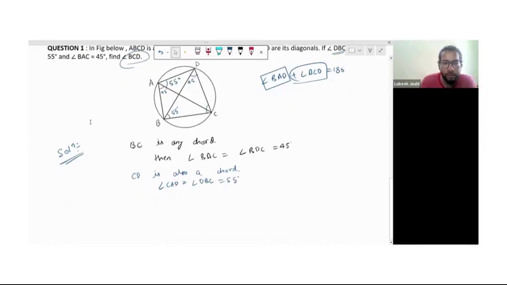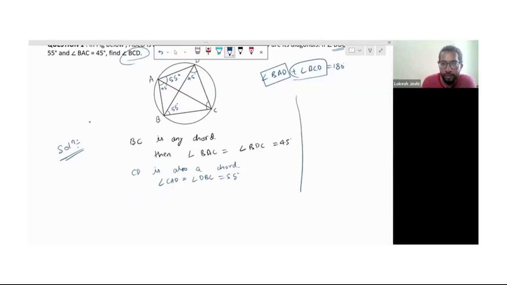Now see, which is the angle BAD? The complete angle BAD is the sum of angle BAC and angle CAD. So angle BAD is equal to angle BAC plus angle CAD. Angle BAC is equal to 45 degrees, which we have found, and angle CAD is equal to 55 degrees, and 45 plus 55 is equal to 100.